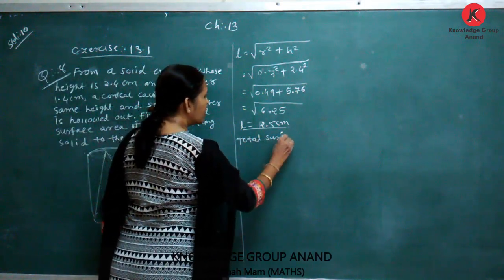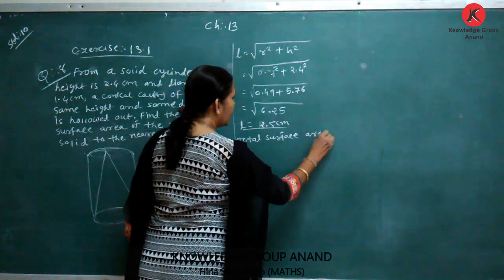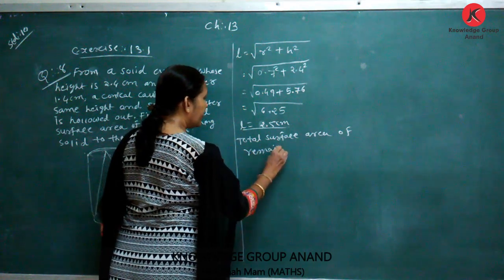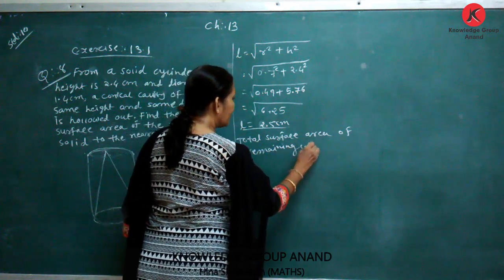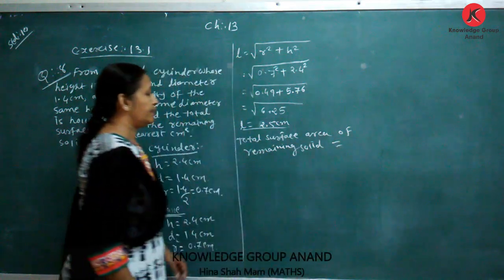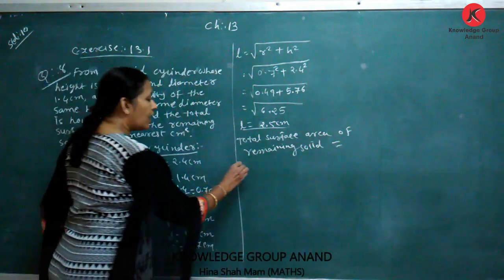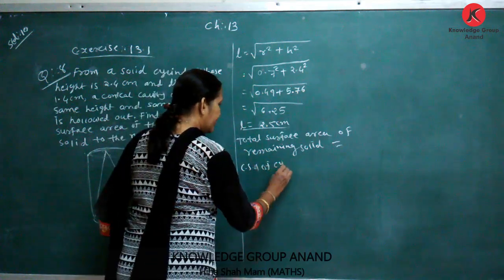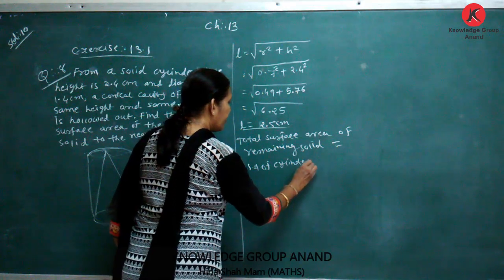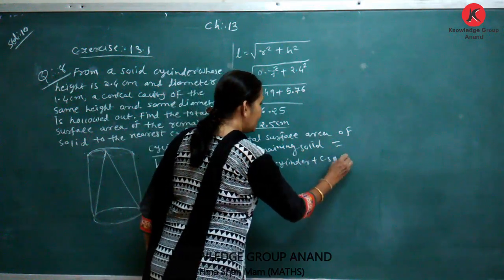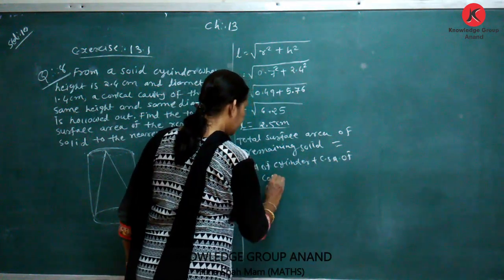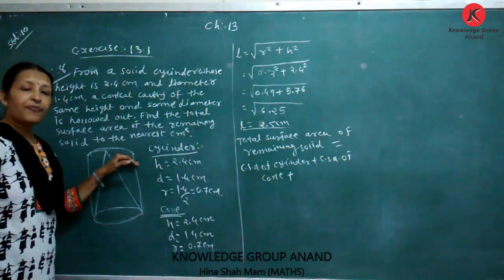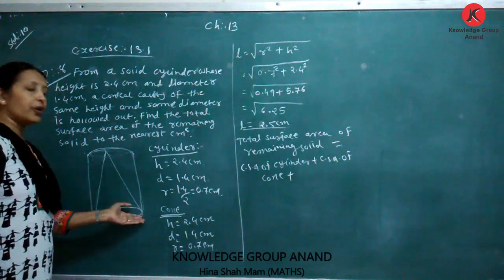Total surface area of remaining solid is equal to curved surface area of cylinder plus curved surface area of cone plus surface area of top of cylinder, otherwise bottom of cylinder.